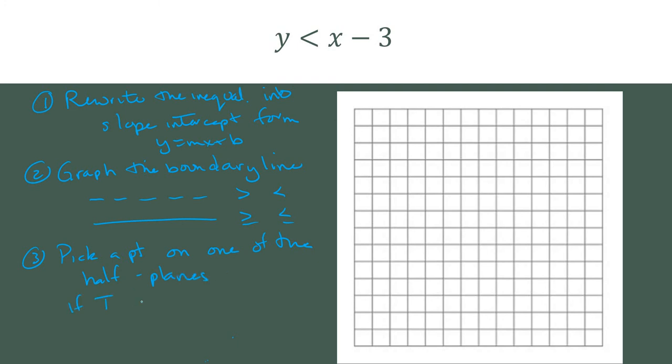If it's true, I'm going to shade that side. If it's false, I'm going to shade the opposite side. All right. So get all that written down, then we're going to try this next one.